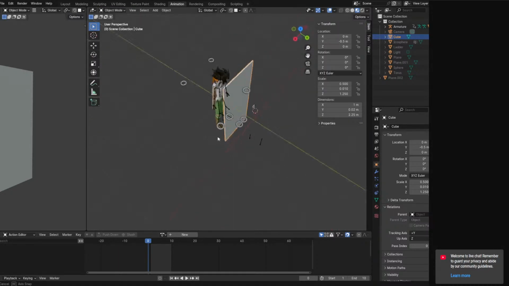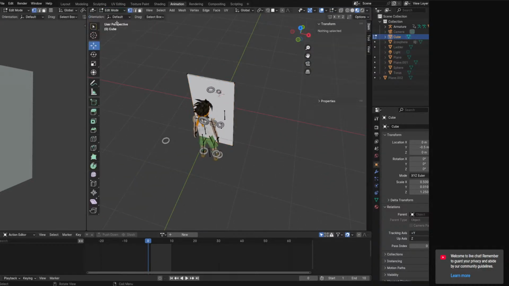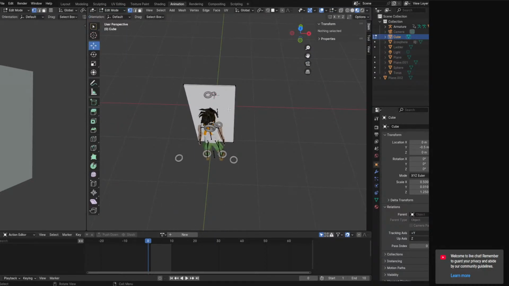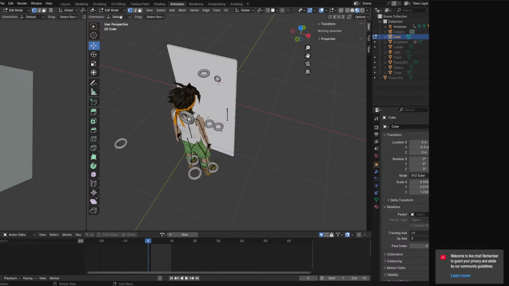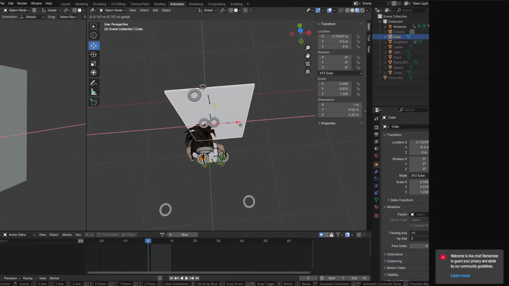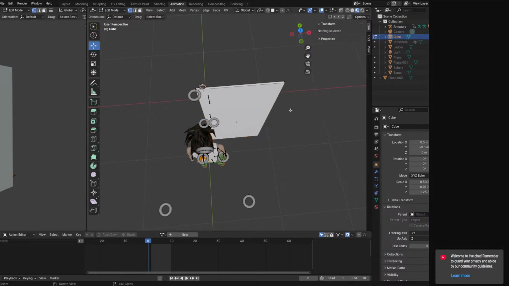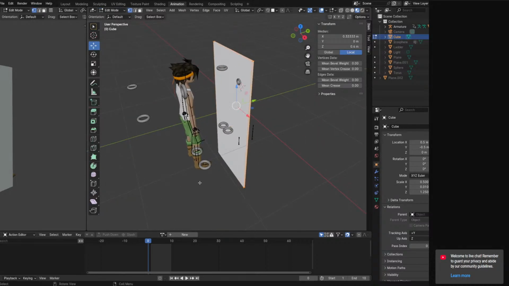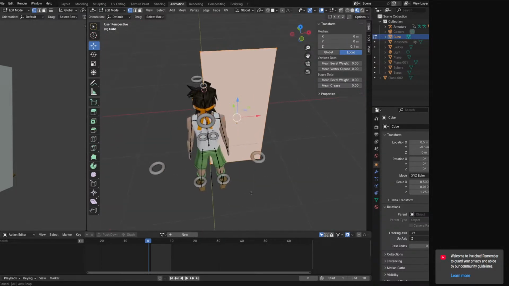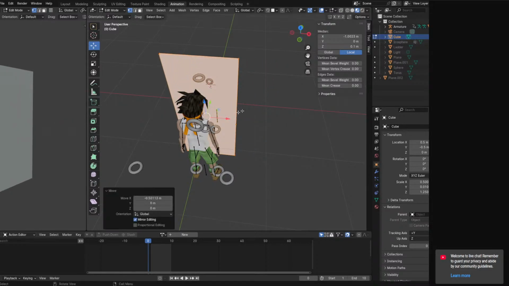Okay, so anyways. Before I get to work on reworking the door animation, I want to actually have a door.